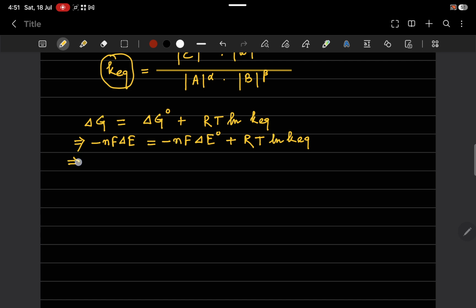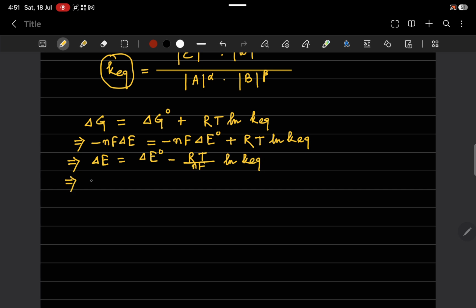Now we can write delta E equals delta E0 minus RT by nF ln K equilibrium.